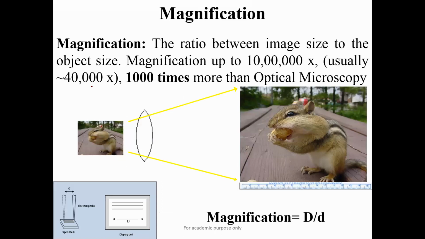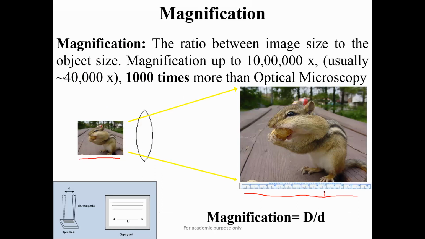If we define magnification, let's assume this is your picture, this is a squirrel, and we want to magnify it. The same picture is magnified here, and if you measure this distance, assume this distance is small d and this one is capital D. So your magnification is defined as capital D by small d.